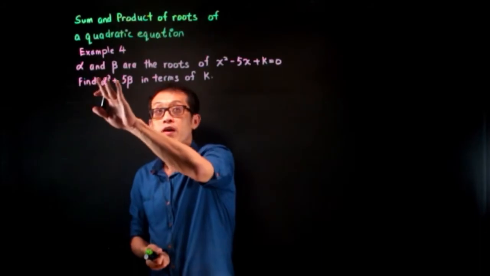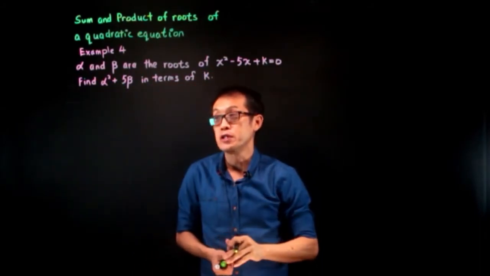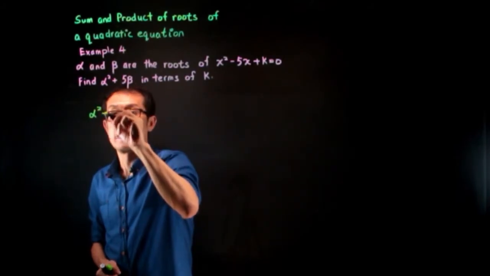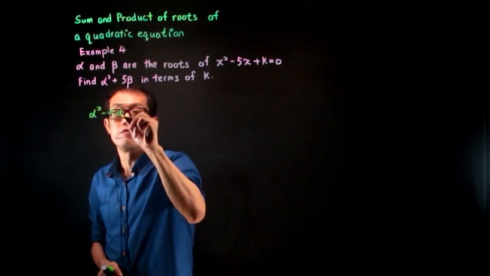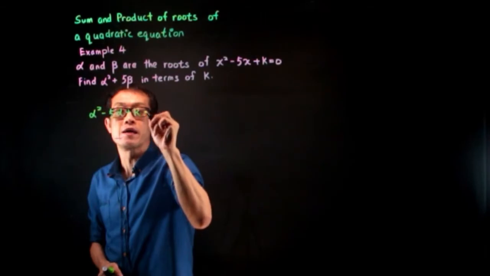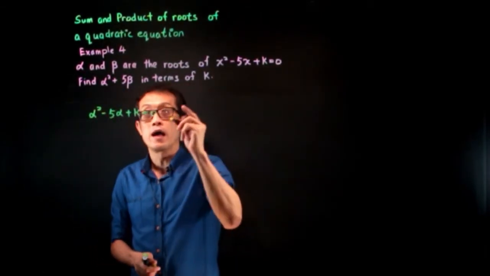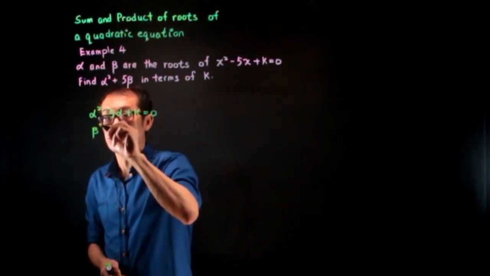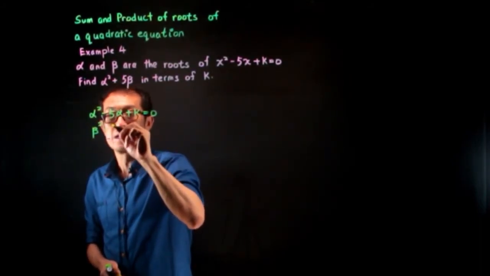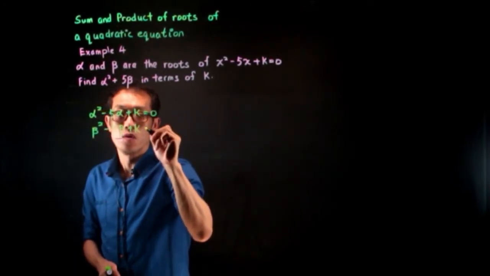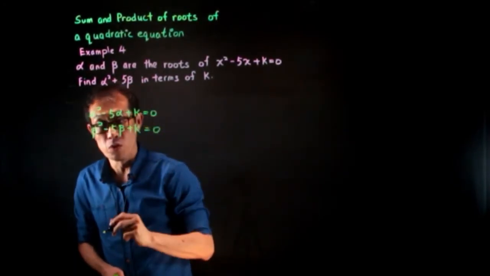Now if alpha and beta are roots of this equation, that means alpha squared minus 5 alpha plus k equals 0, and beta squared minus 5 beta plus k must also equal 0.